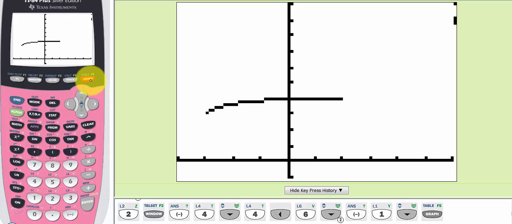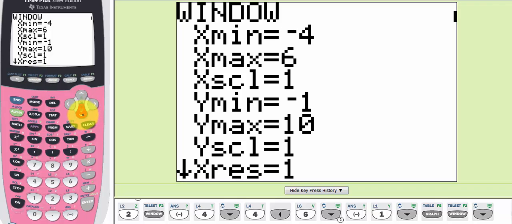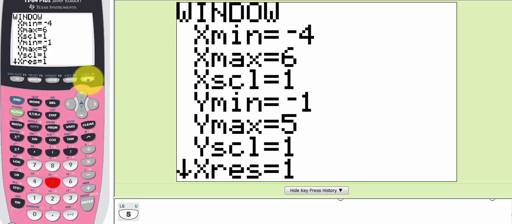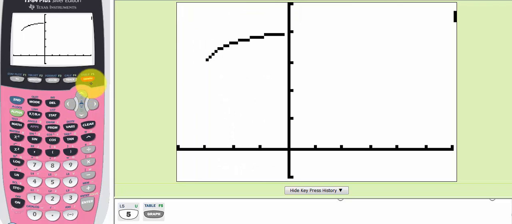Here is the function sum, y1 plus y2. It's not a very satisfying graph, okay? Let me reduce my y max, I don't need that much. So I'm going to go to maybe 5. Right, this is not a very exciting graph, all right?